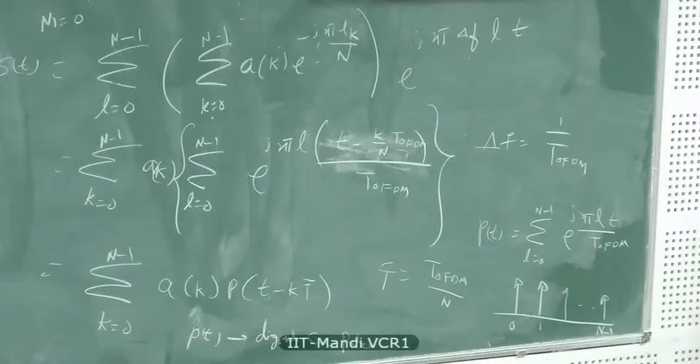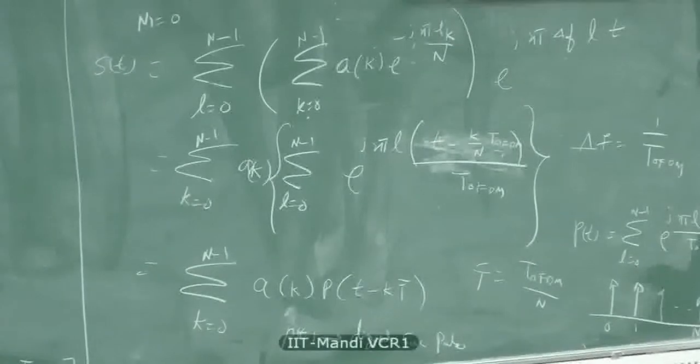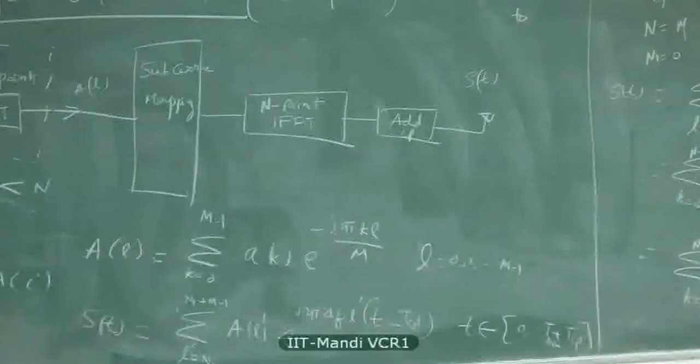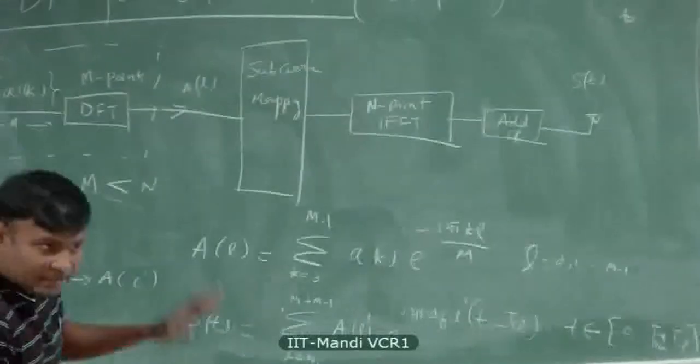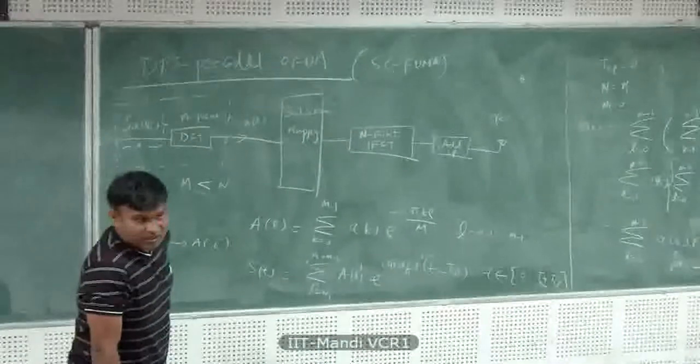But this is generated in a totally different framework. We have CP and all that, right? Now the receiver processing also has to change correspondingly, and you need to introduce an equalizer, which we will deal with in the next lecture. But the point here is OFDM can be tweaked to make it look like single carrier, and this is adopted in LTE, the 4G LTE standard.